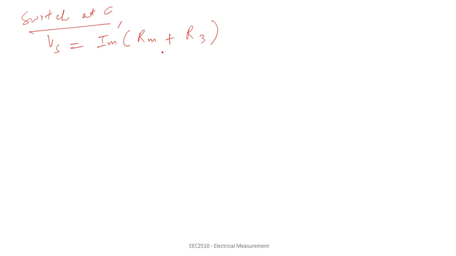So now you just put the values here. This is 50 microampere, and this is 1 kilo ohm, and this is 4.5 ohm. So this will come to something around 50 millivolt.